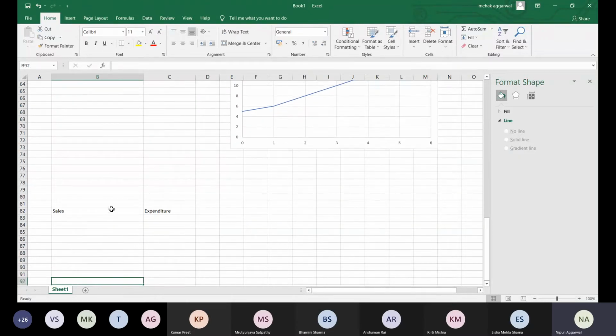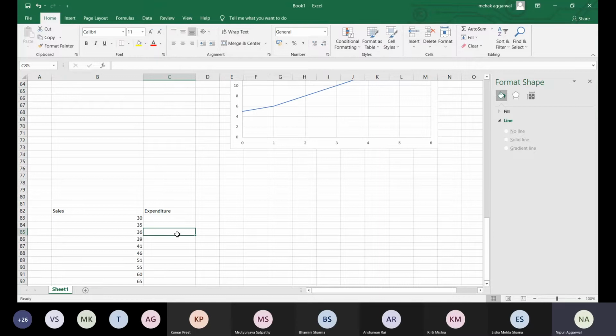Sales may be 30, 35, 36, 39, 41, 45, 46, and I will take one more, 65.